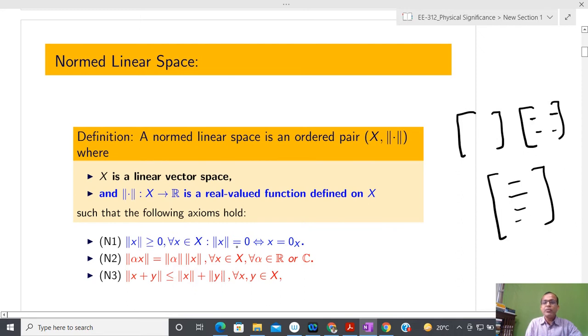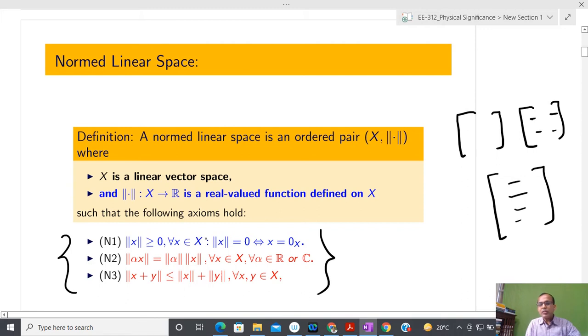And the norm is zero only at the zero element, where the zero element is defined differently for different spaces. The second property is homogeneity, which should also be satisfied. The third property is called the triangle inequality. If a vector satisfies these three properties, then I can define the norm.